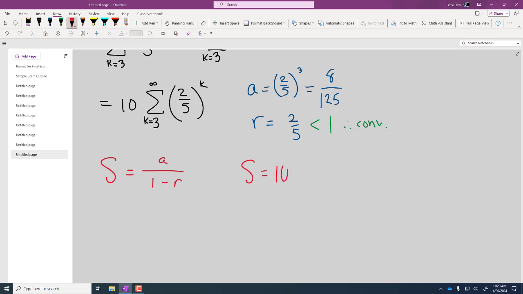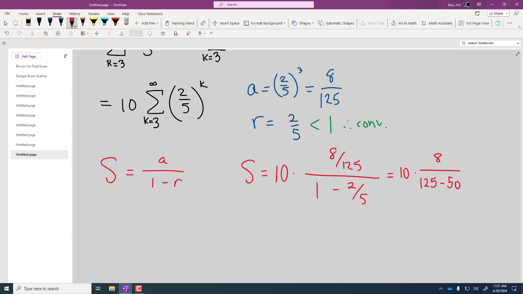We've got the 10 out in front, and then it's going to be A divided by 1 minus R, multiplied by 10. If we multiply everything by 125 to clear out this fraction in the top, then in the bottom we have 125 minus 25 times 2, which is 50.